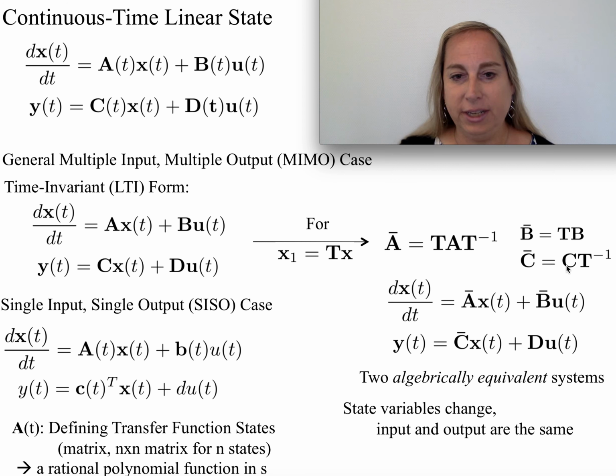Shift B and C accordingly, I'm going to get this set of differential equations, but what happens is that for a given input, I get the same output. But I've simply shifted where my states are. These are considered two algebraically equivalent systems. You're like, okay, that's cool.